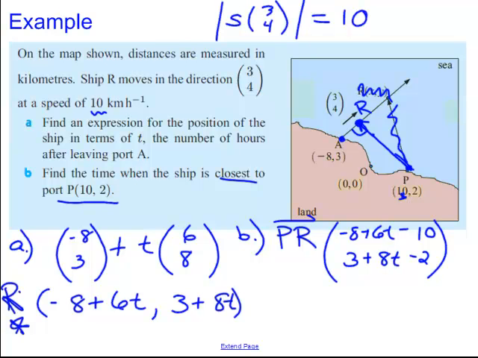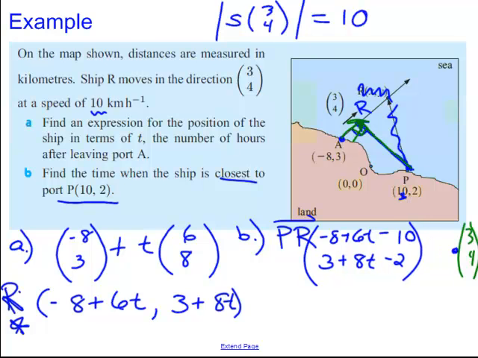If it's the closest, I'm doing the dot product. I'm figuring out when this vector here is perpendicular to this vector here. That vector is my R direction, which is (3, 4). And I know that this dot product has to equal 0 for these to be perpendicular.